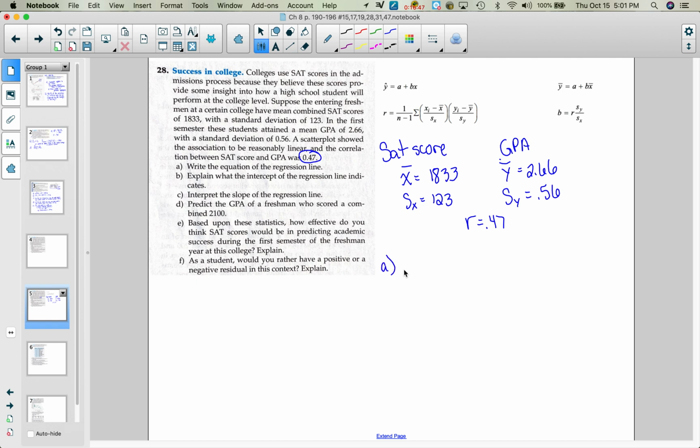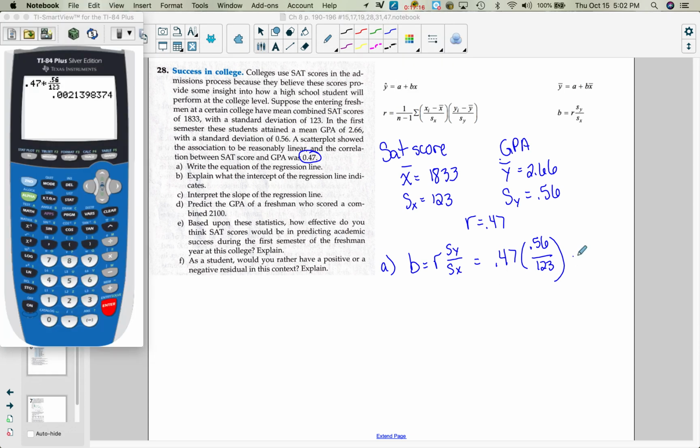So part A, when they ask to write the equation of the regression line, I need to know the value of A and B. So I have to start with B equals R times S sub Y over S sub X, because I have all of that. So it's going to be 0.47 times 0.56 over 123.